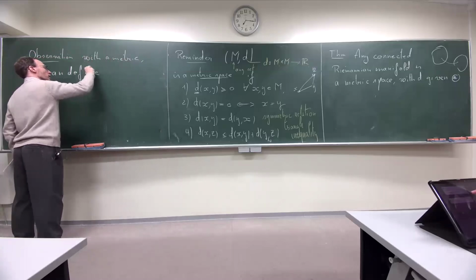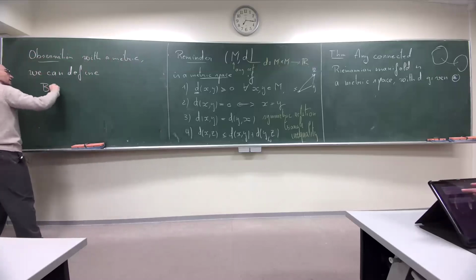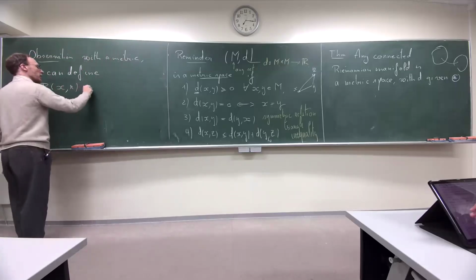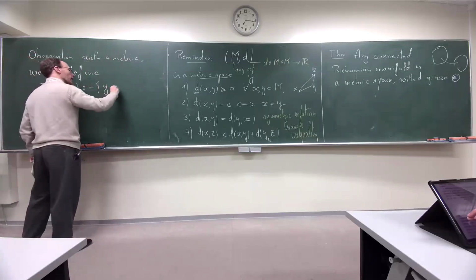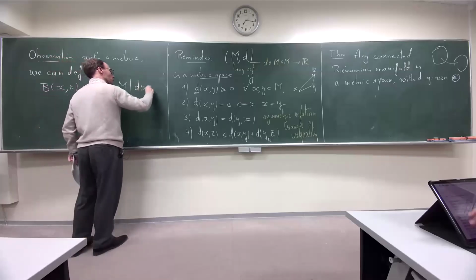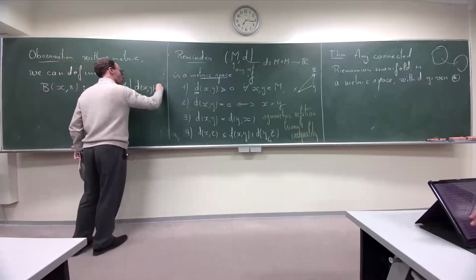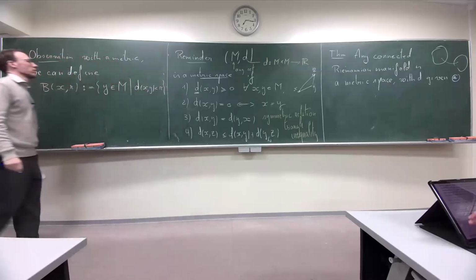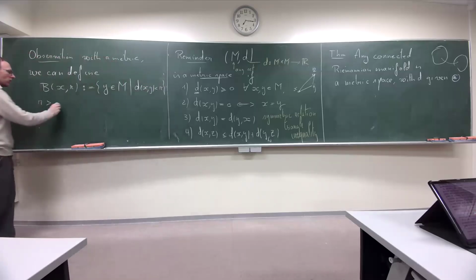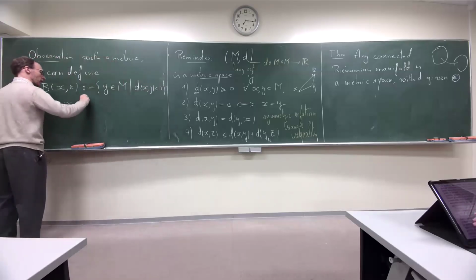What is a ball? A ball centered at x and of radius r is nothing but the set of points y in M such that the distance between x and y is strictly smaller than r. r, of course, is a number bigger than 0, and x is an element of M.